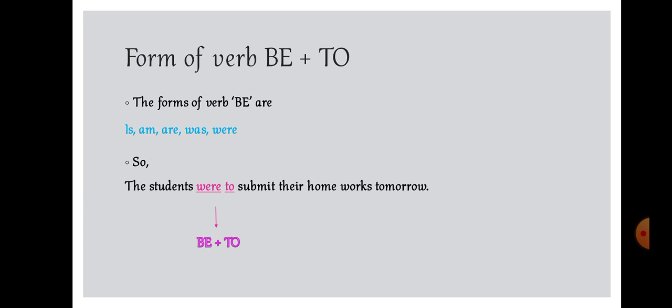The next way we see is the form of the verb be plus to. If I ask you what the different forms of the verb be are, you need to know the answer.